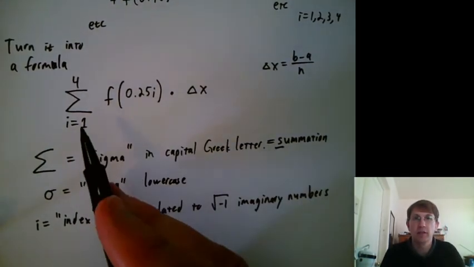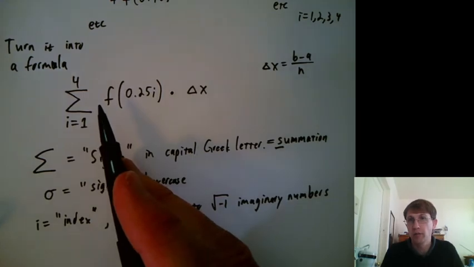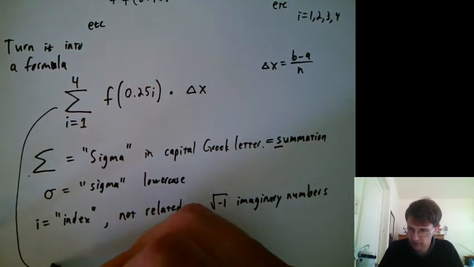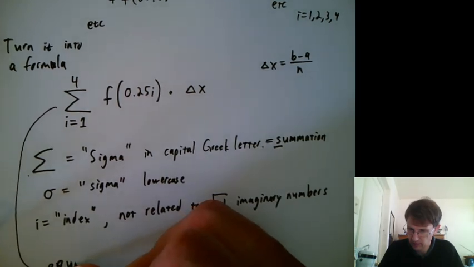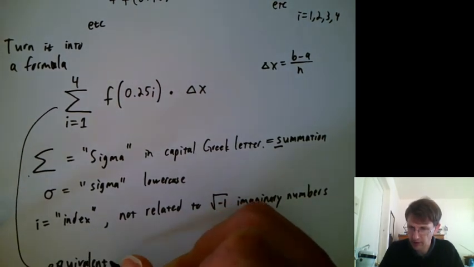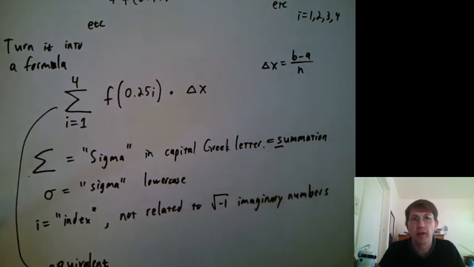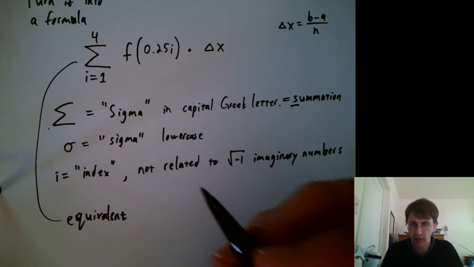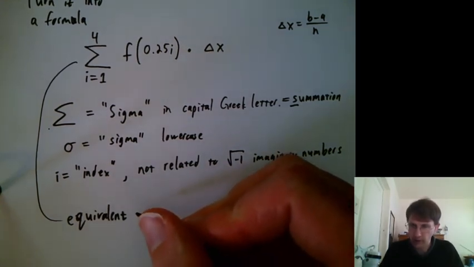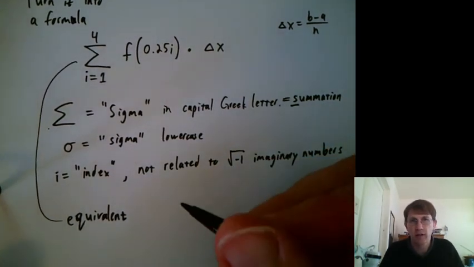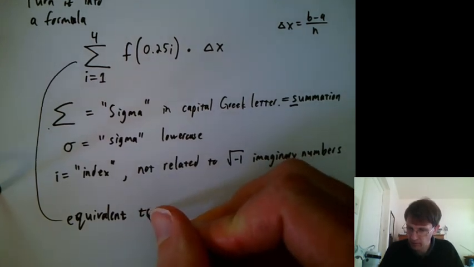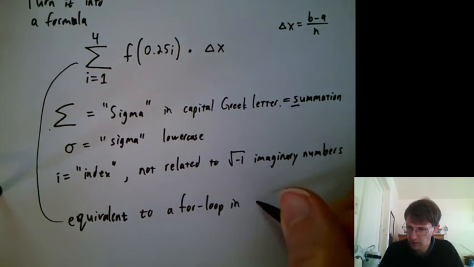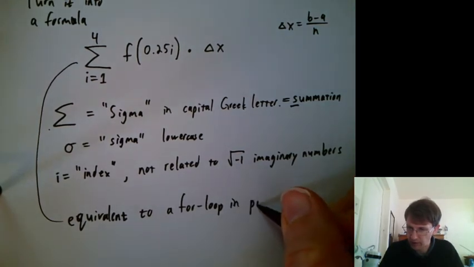And this summation is the equivalent of a for loop in programming. If you don't know programming, that's okay. It wouldn't hurt to learn, I guess. We won't be requiring you to do any programming in math120. At least not Python style, Excel kind of. So this is equivalent to a for loop in programming languages.